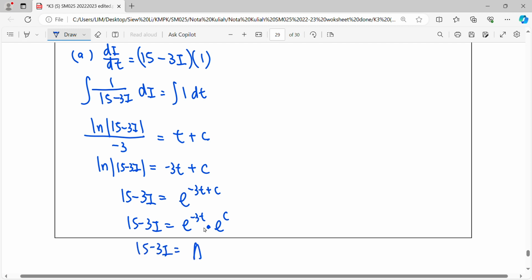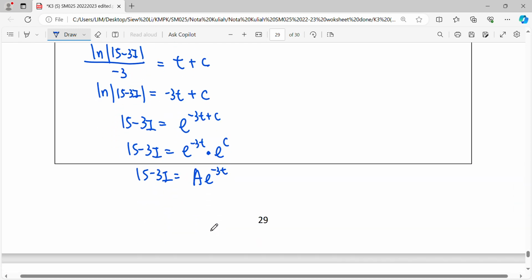So finally this is A e^(-3t), and we still can simplify until we get the current I. So I will equal A divided by -3, still a constant. And then this one divided by -3 will be plus 5. So this is our general solution for the current.